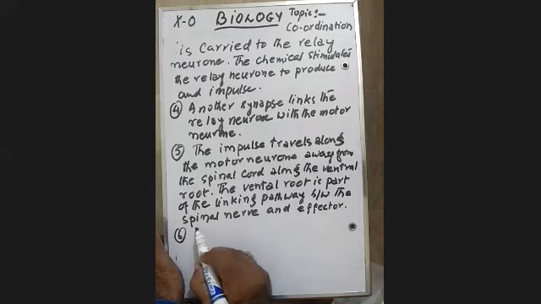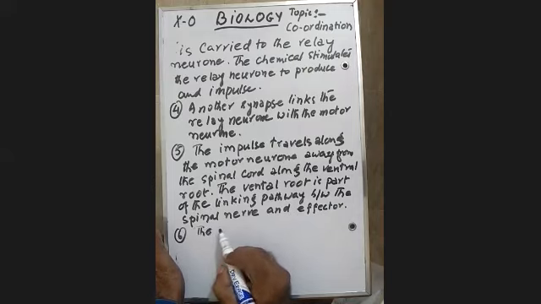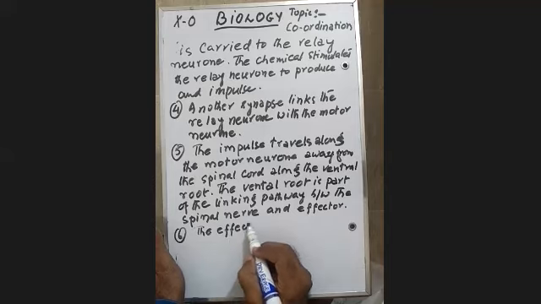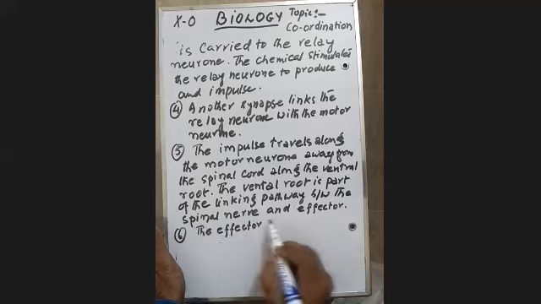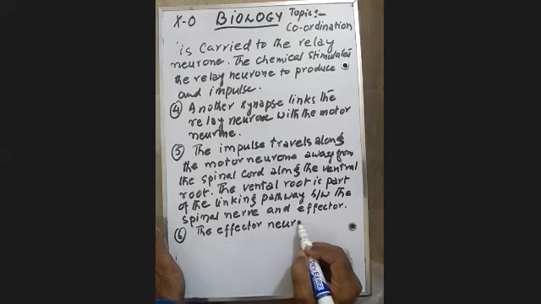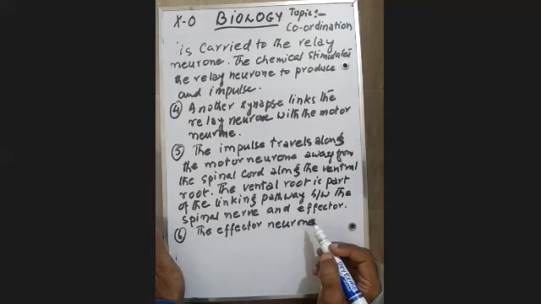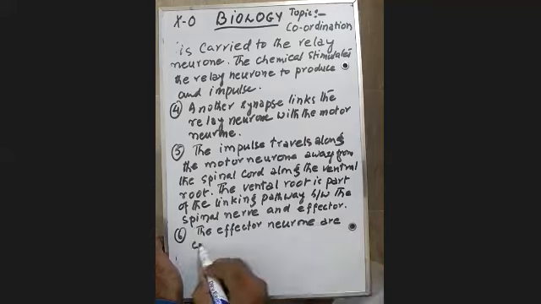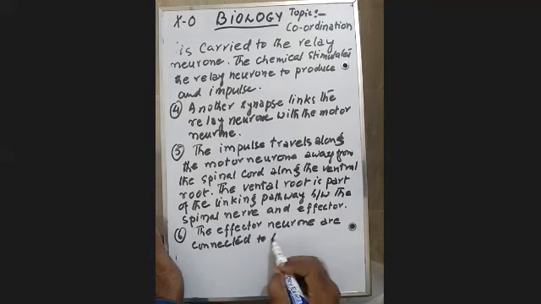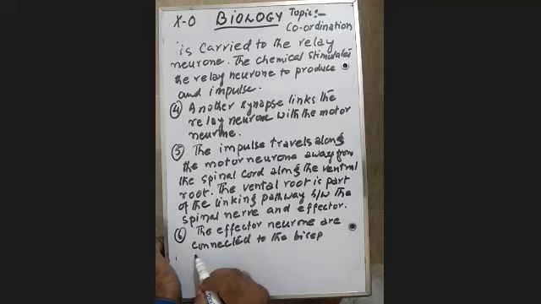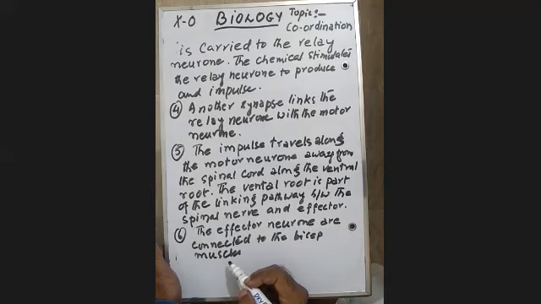Now the effector neurons are connected to the bicep muscles.